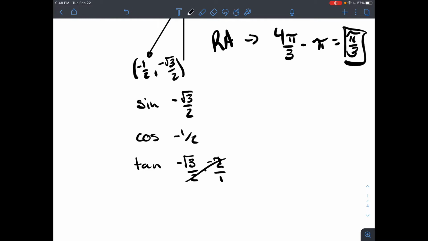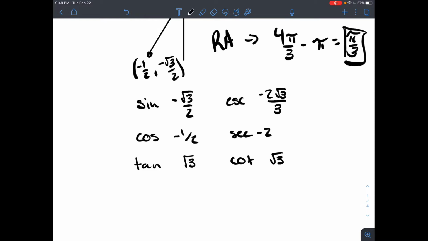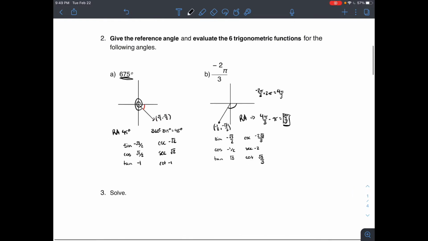So it's just going to be root 3. Our cosecant is going to be negative 2 radical 3 over 3. Secant, negative 2. Cotangent, radical 3 over 3 when we rationalize.